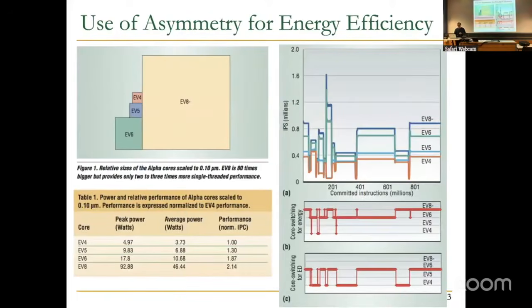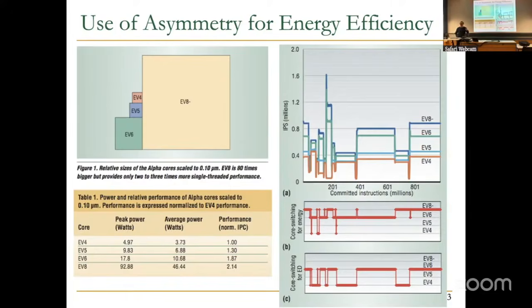So when this was proposed, it was proposed by folks who were actually working on alpha processors also. And they basically demonstrated these different alpha cores. These are called EV4, EV5, EV6, EV8, which was never built. Because I guess they were bought and then somebody didn't want to build those processors.